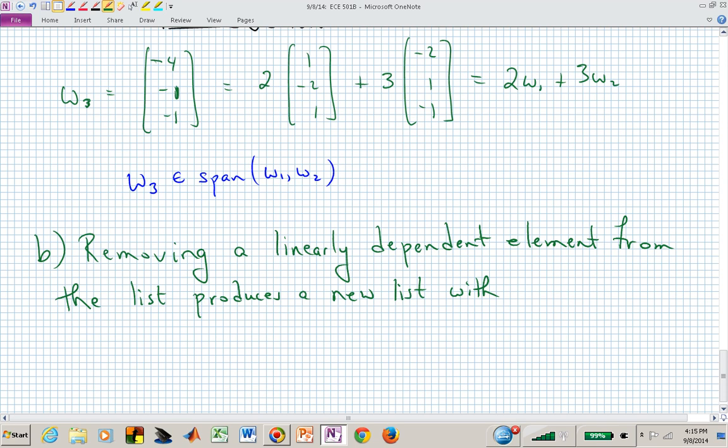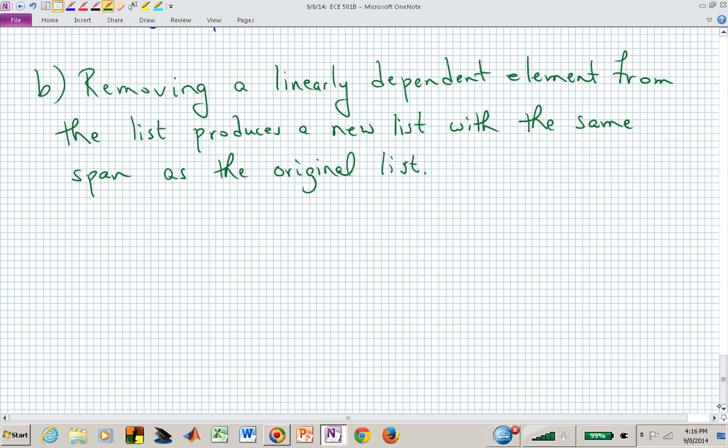It's unchanged, isn't it? We haven't done anything. So that's what I'm trying to say here. Removing a linearly dependent element from the list produces a new list with the same span as the original list. And we can prove that.